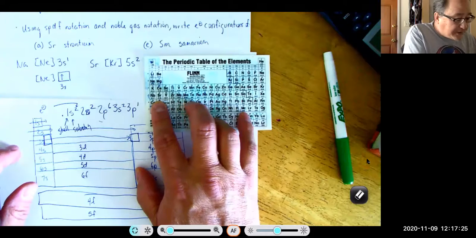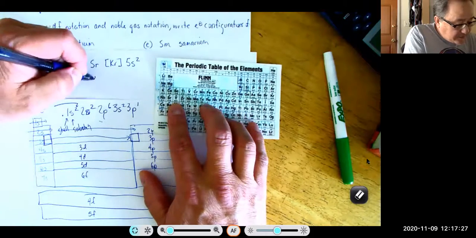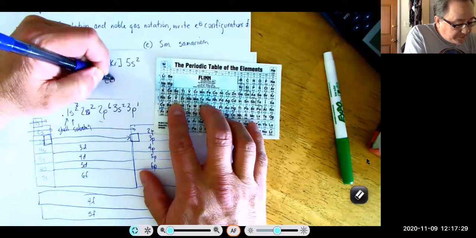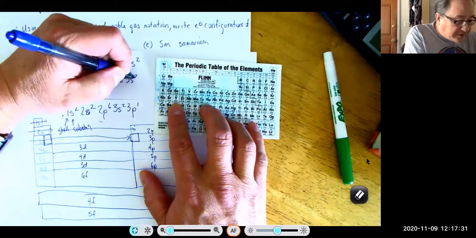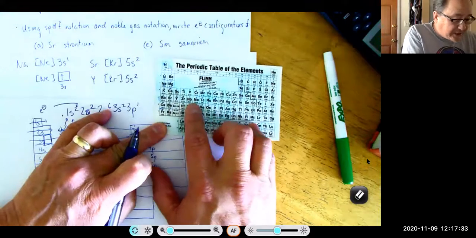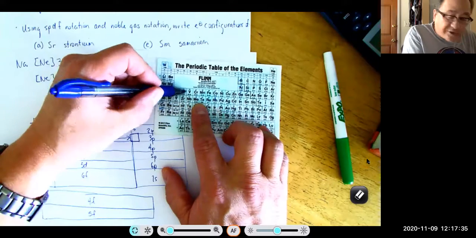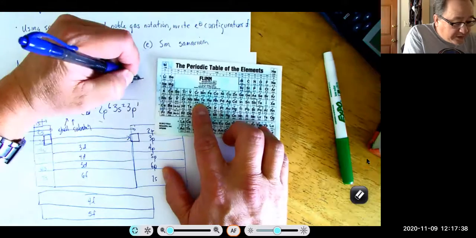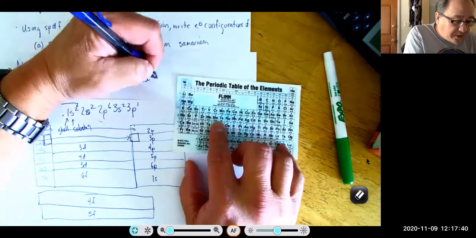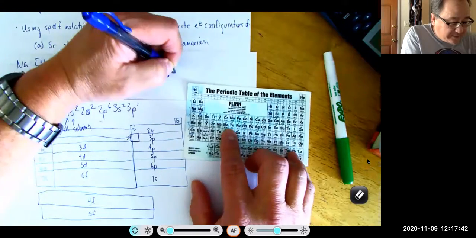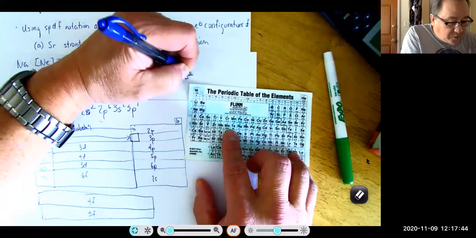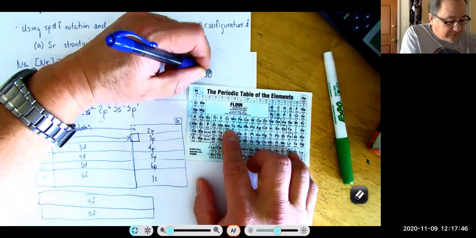Now, if we had yttrium, it would be krypton, 5s2, and you have to go over here to the d subshell. This is a 3d and this is a 4d, so that would be a 4d1, and then you'd have to rearrange it to krypton, 4d1, 5s2.